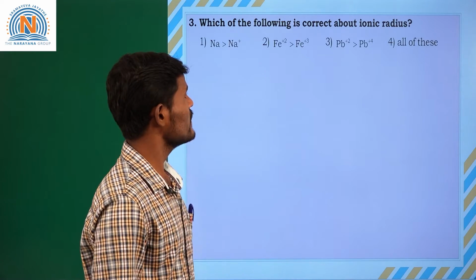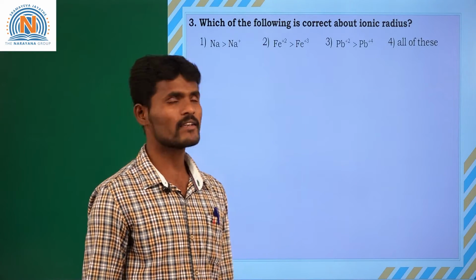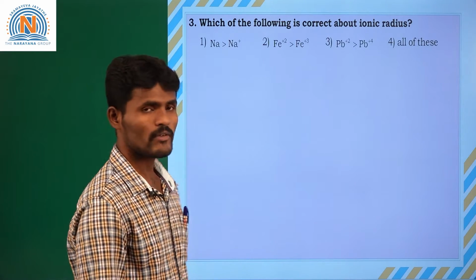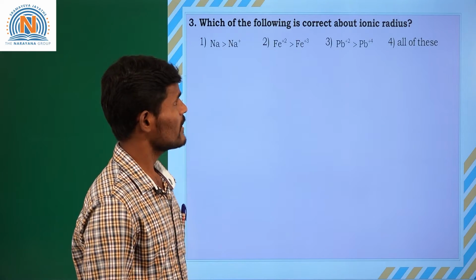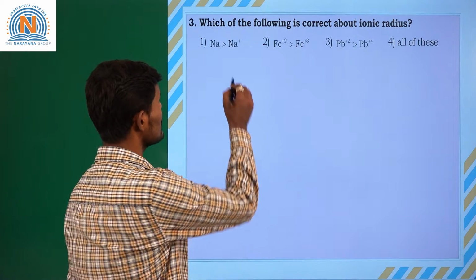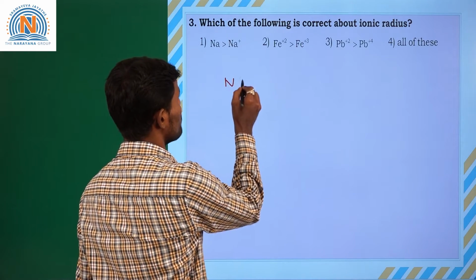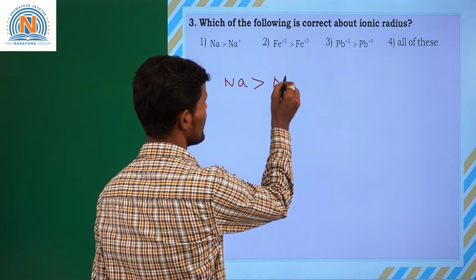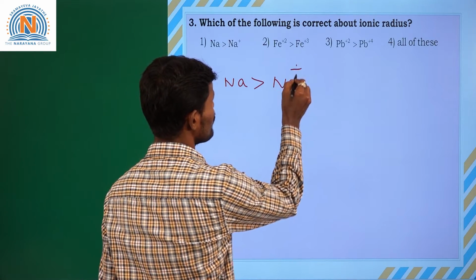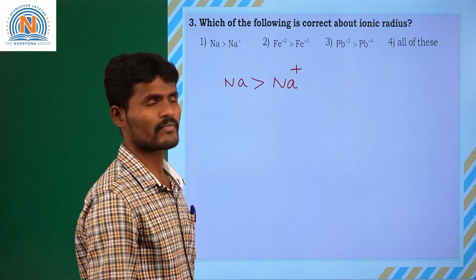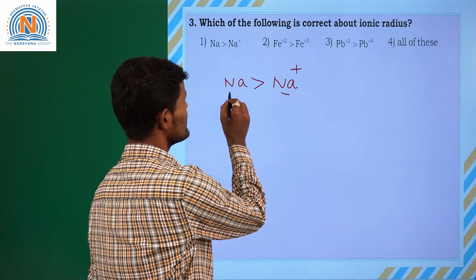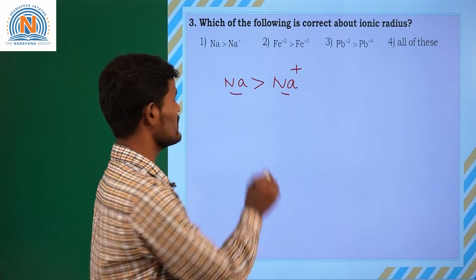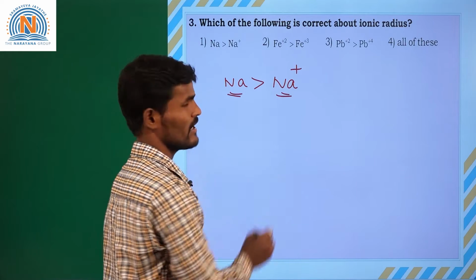Which of the following is correct about ionic radius? See here, the radius of a sodium atom is more than the radius of the cation of sodium. This is the neutral atom, this is the cation.